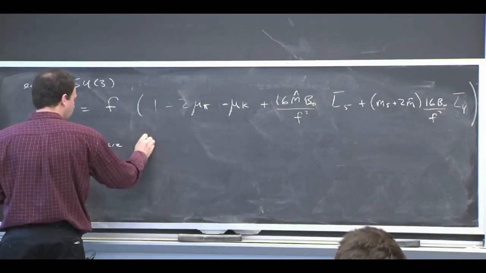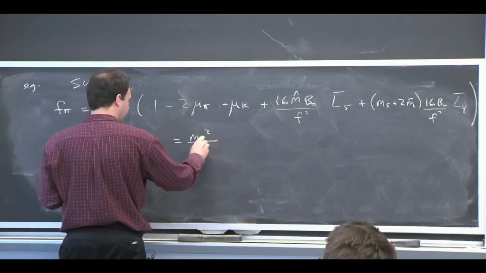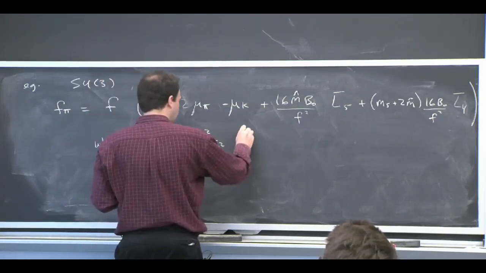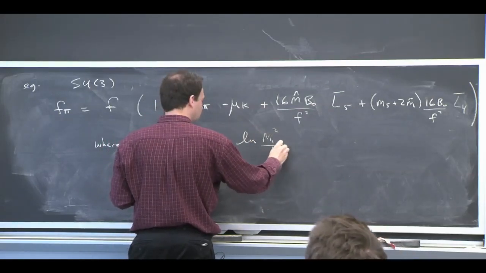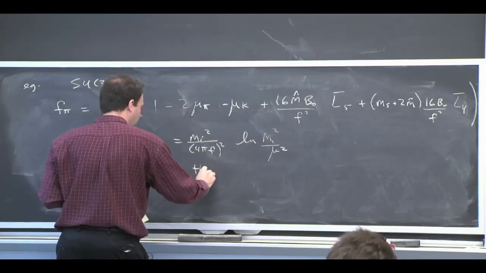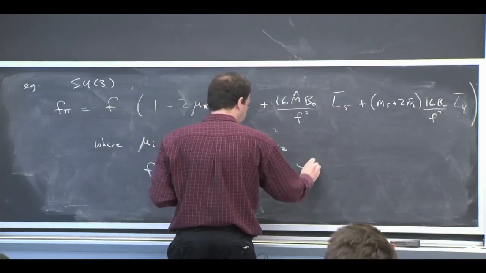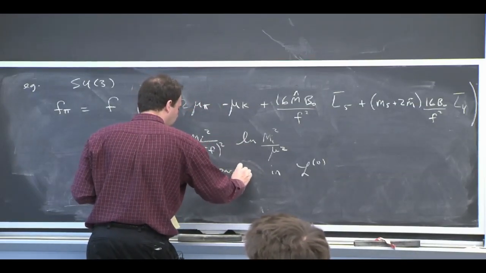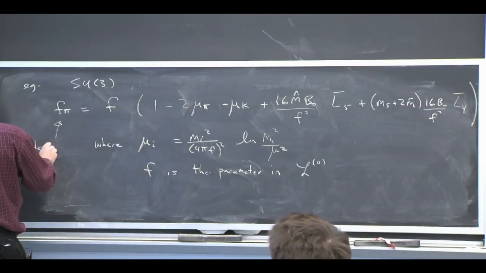And these mu's with the subscript I are just some shorthand for some contributions coming from loops. And F is the result in L0. Well, F is the parameter in L0, whereas F pi is the physical decay constant of the pion.